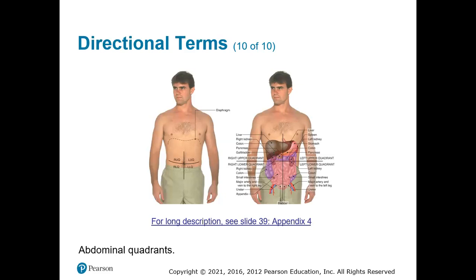So if the liver's on the right, I know the spleen's on the left. Whatever you have to do to memorize that, make sure you know where the pancreas is. The small and large intestine kind of goes all over the place. Make sure that you're aware of that appendix there in the right lower quadrant. It tends to be a little bit of a pain pre-hospital, literally, and causes a lot of medical emergencies.